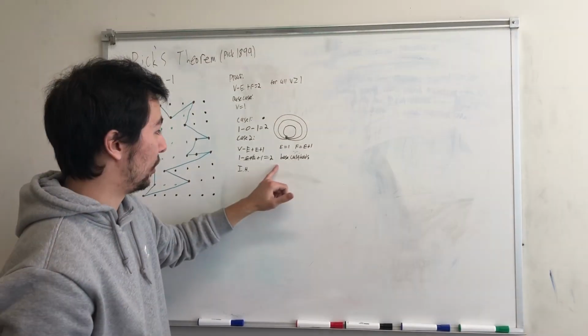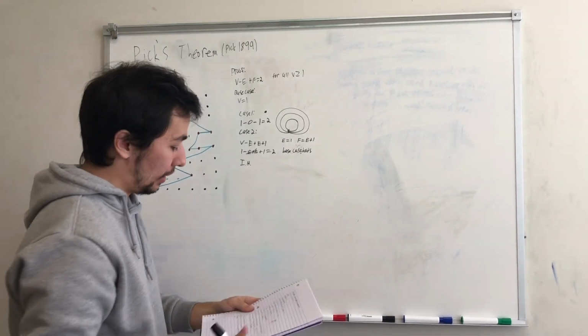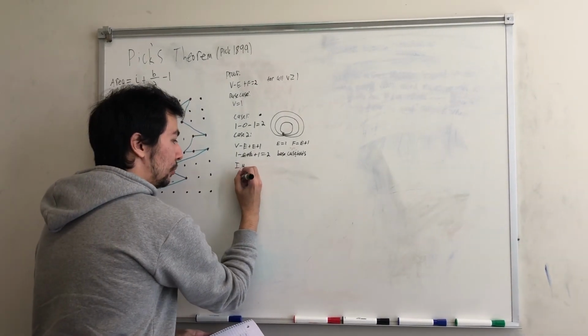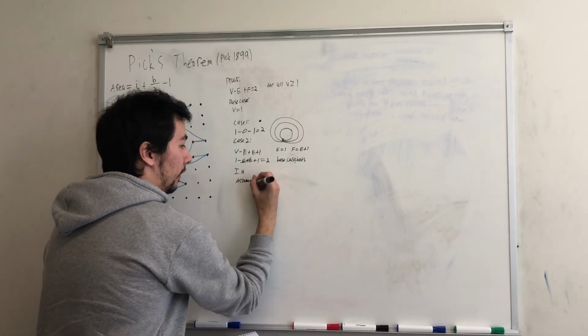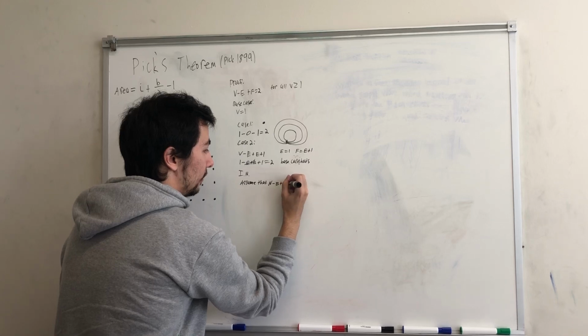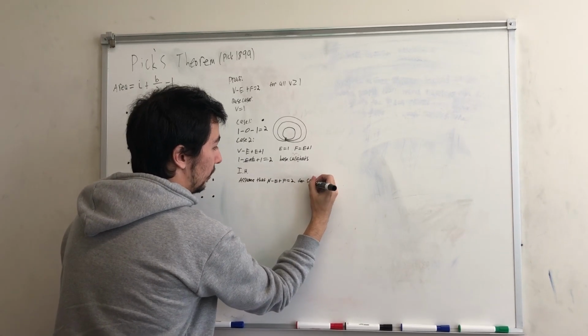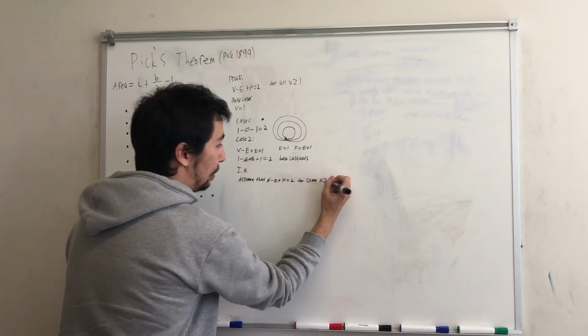And after the base case holds, we can do the inductive step. We're going to assume that n minus e plus f is equal to 2 for some n greater than or equal to 1.